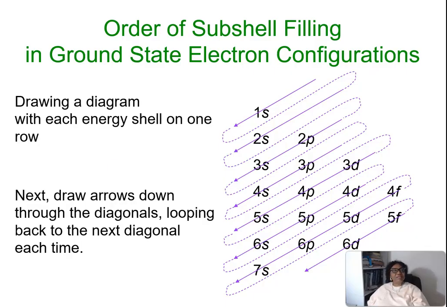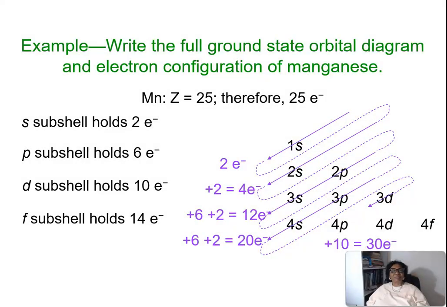So let's take an example. Write the full ground state orbital diagram and electron configuration for manganese. Manganese atomic number is 25, which shows that it has 25 electrons.